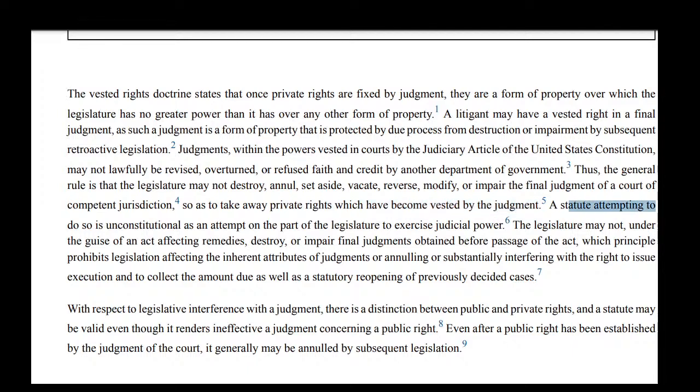A statute attempting to do so is unconstitutional as an attempt on the part of the legislature to exercise judicial power. The legislature may not, under the guise of an act affecting remedies, destroy or impair final judgments obtained before passage of the act, which principle prohibits legislation affecting the inherent attributes of judgments or annulling or substantially interfering with the right to issue execution and to collect the amount due, as well as the statutory reopening of previously decided cases.